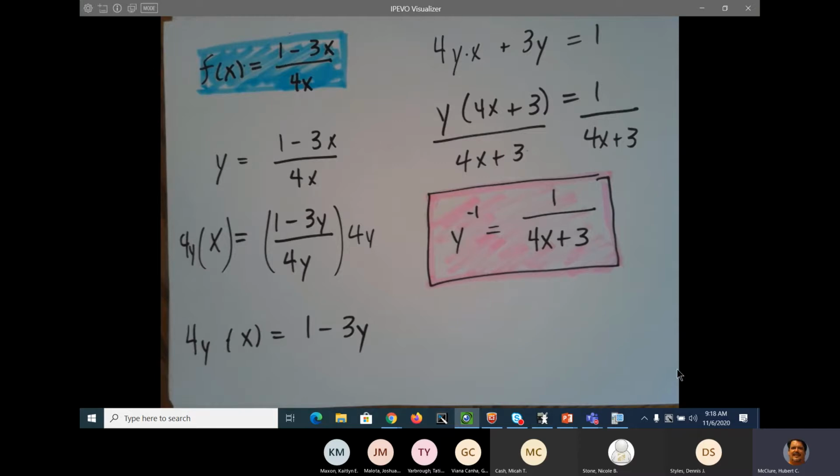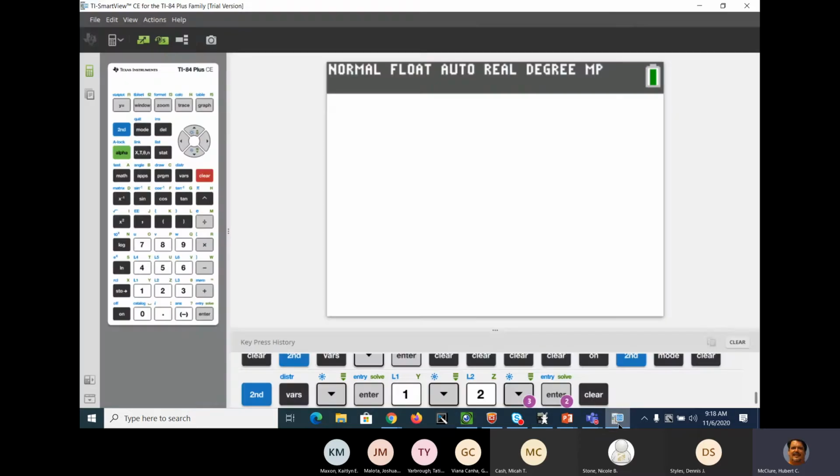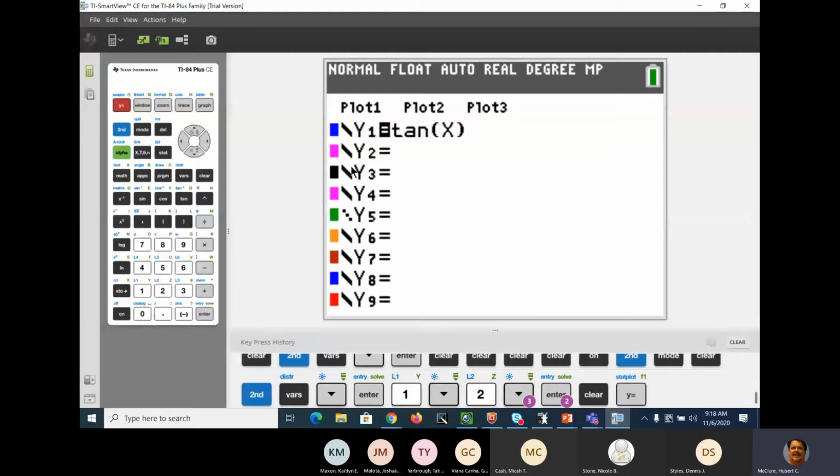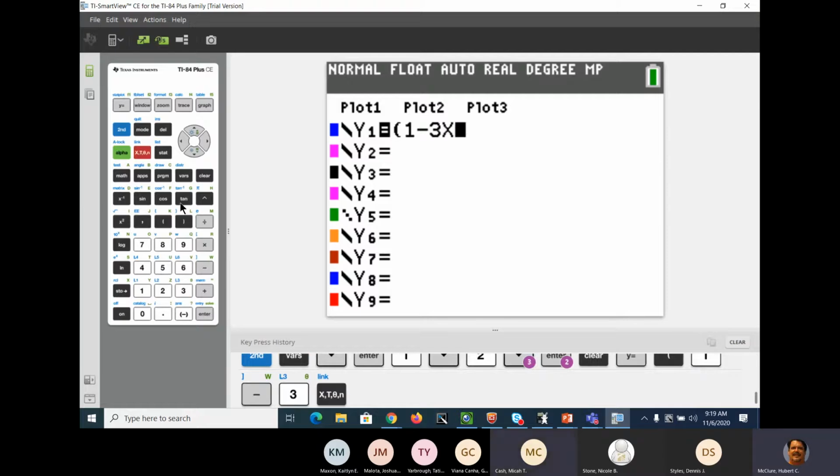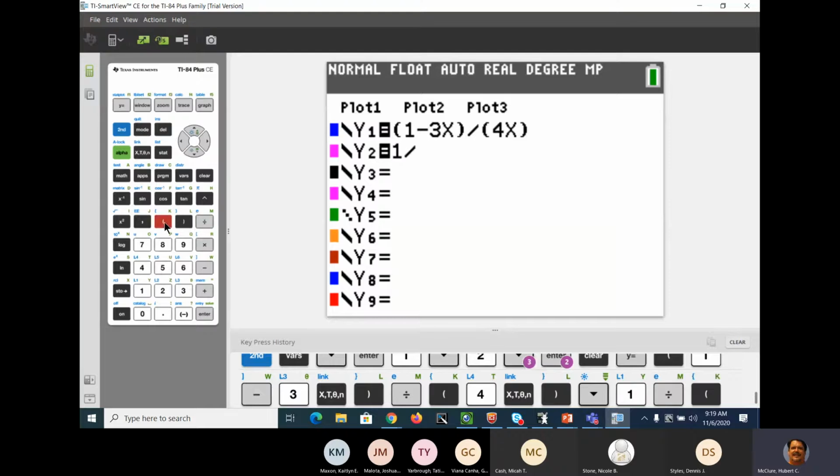So let's go to our handy-dandy calculator. Y1 is equal, oh, it's already blue and pink. Good. So I'm going to put parentheses 1 minus 3x, close parentheses, divided by parentheses 4x. And then the second one in pink is 1 divided by parentheses 4x plus 3.